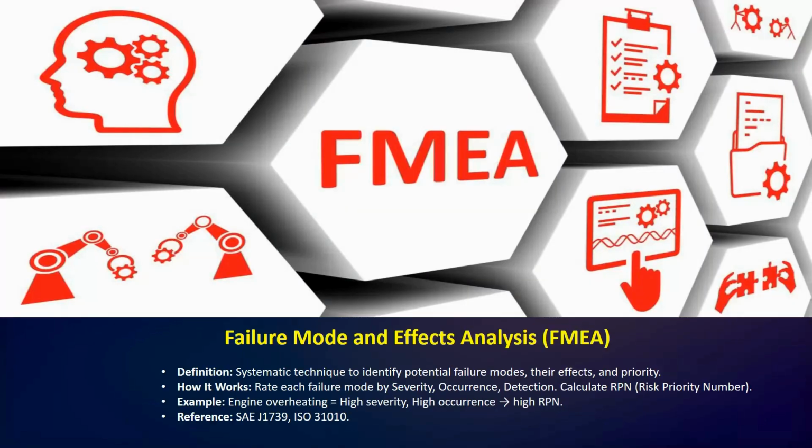So first we have here failure mode and effects analysis, FMEA. FMEA is a systematic way to identify every potential failure in a system and understand its effects. For each potential failure, we rate its severity, occurrence, and detection.